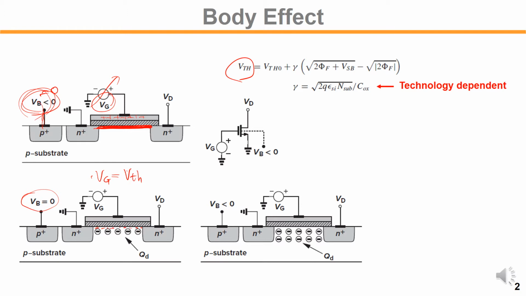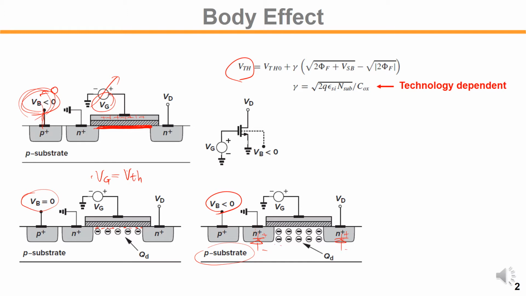But if we have a low voltage, then we have a lower potential on the substrate. So we have a negative voltage, and we have more reverse diode voltage drop across the reverse PN junction.